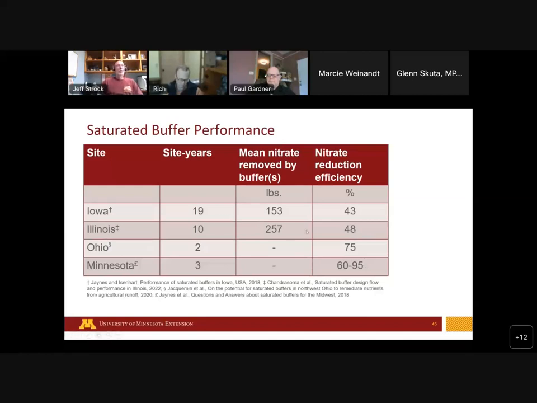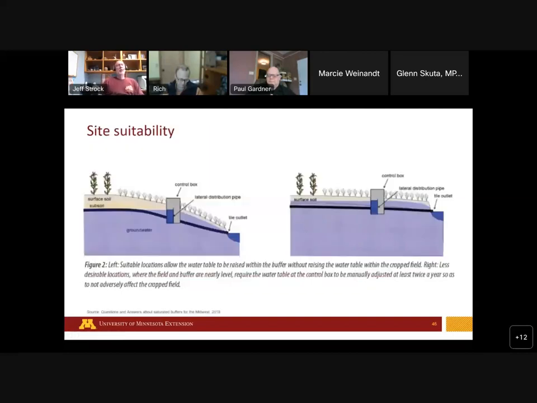So from a visual standpoint, I'm going to talk about limitations and benefits, but I wanted to kind of visualize this for everybody. Because as the question came up earlier about controlled drainage up in the valley, site suitability can be a really big limitation for having a saturated buffer.